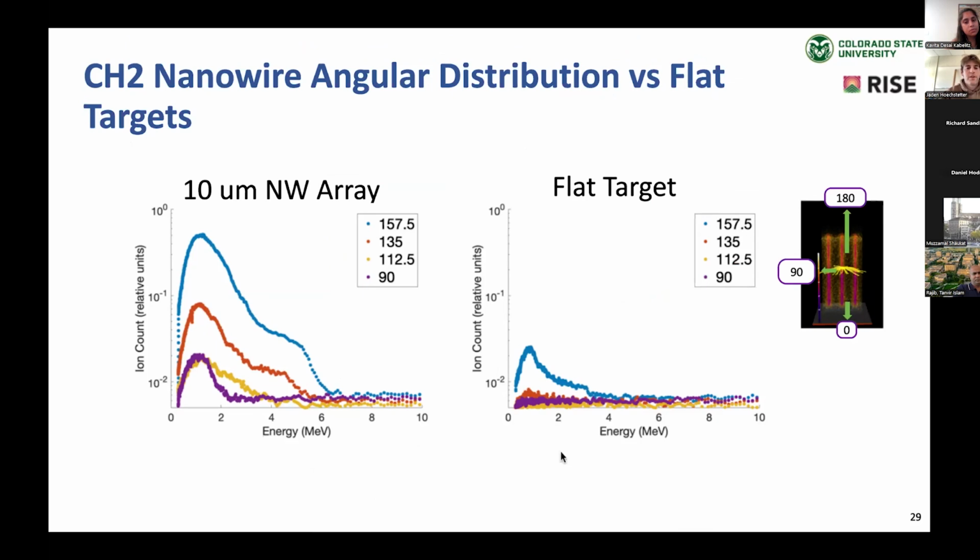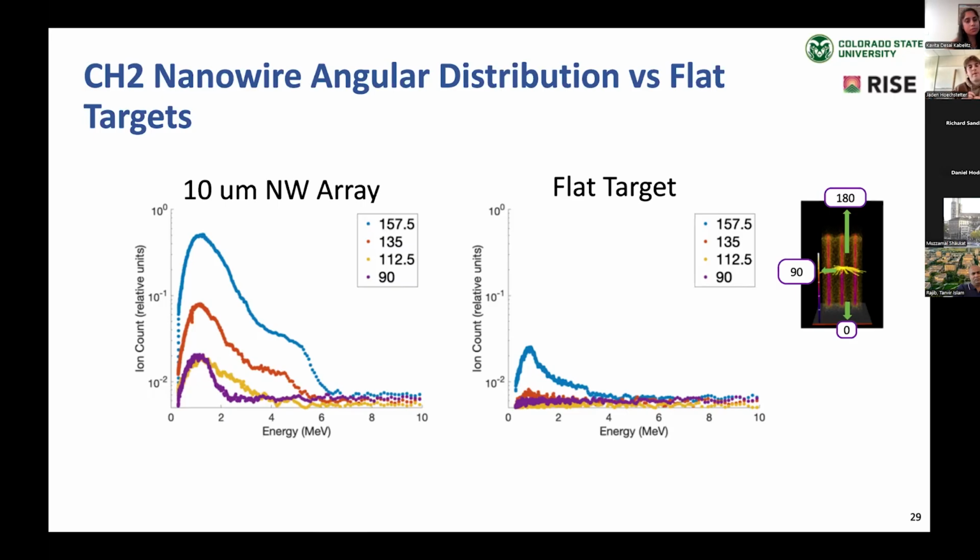And we saw significantly more ions from the nanowire arrays than the flat targets, specifically in the laser backward direction, laser backward being 180 degrees, laser forward being 0 degrees. Both these graphs, the energy in MeV is on the x-axis, with the relative ion count on the y-axis. And the blue here is the 157.5 degree angle.